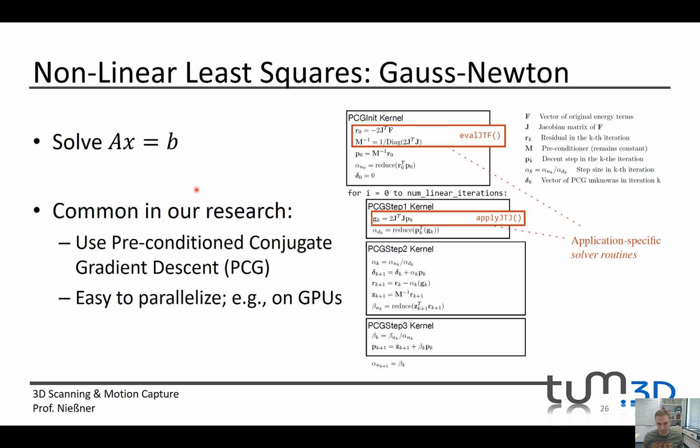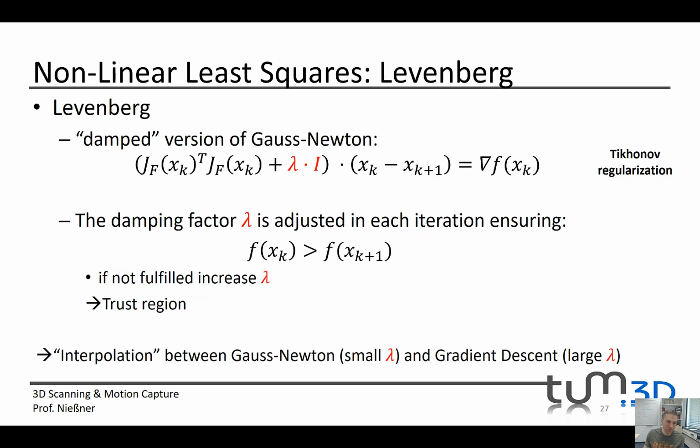Okay, now there's a few variations of Gauss-Newton. I wanted to go into a bunch of them because they are actually quite relevant and super important depending on the problem you're doing. One extension to Gauss-Newton is called Levenberg. And the idea of Levenberg is you're dampening the version of Gauss-Newton.